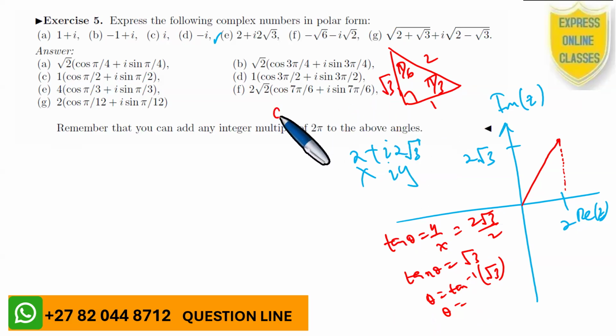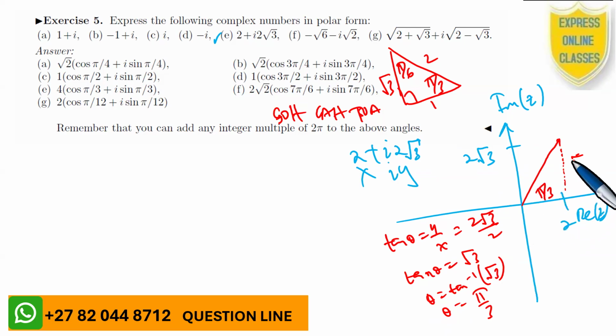This is SOHCAHTOA. The tangent is opposite over adjacent, so this angle is pi over 3 radians.